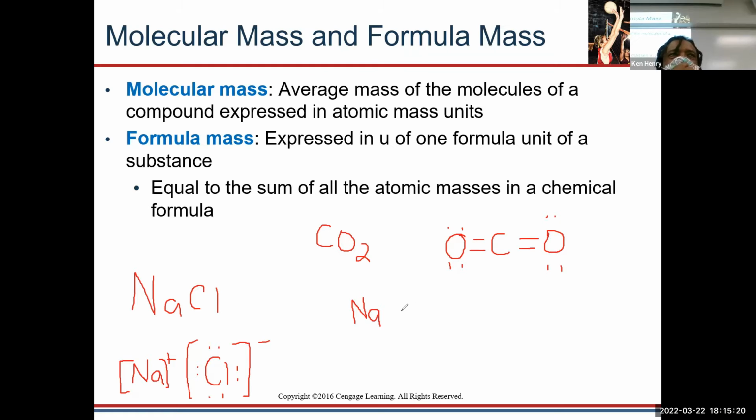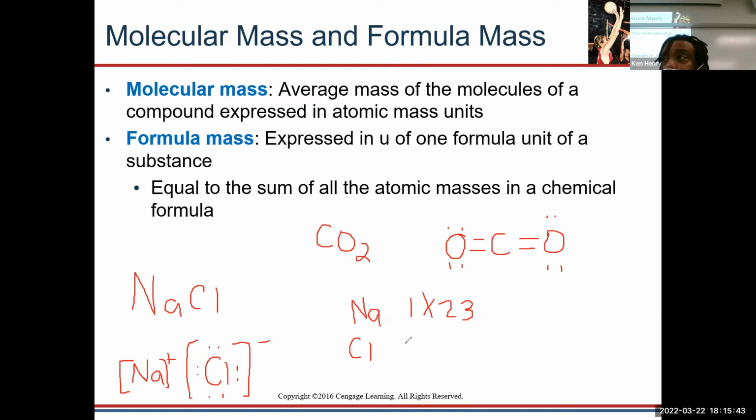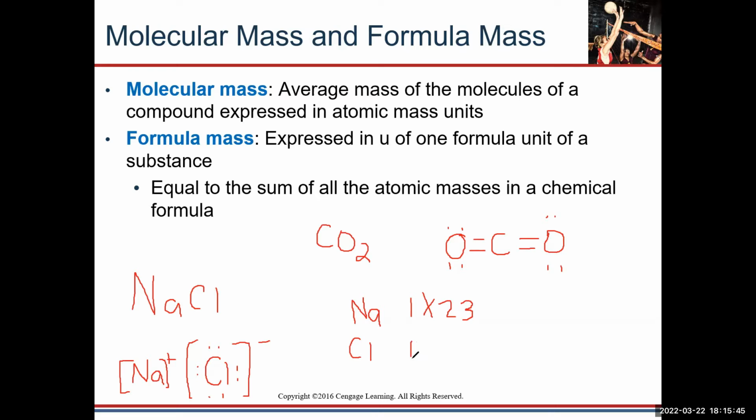So we could round up to 23. We have 1 sodium, so 1 times 23. And then chlorine weighs how much? 35. You said 35.45, right?